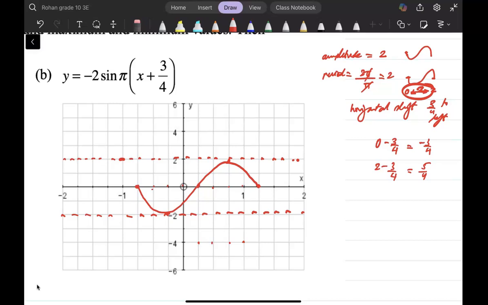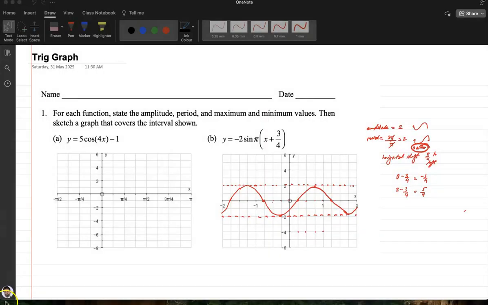And then this will continue here, and so on. Okay. That's fine. It's just weird when there's a horizontal shift and then pi as well.